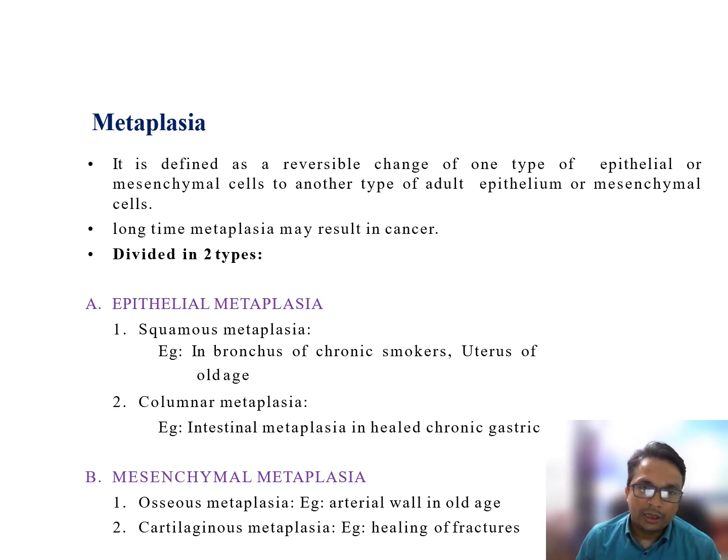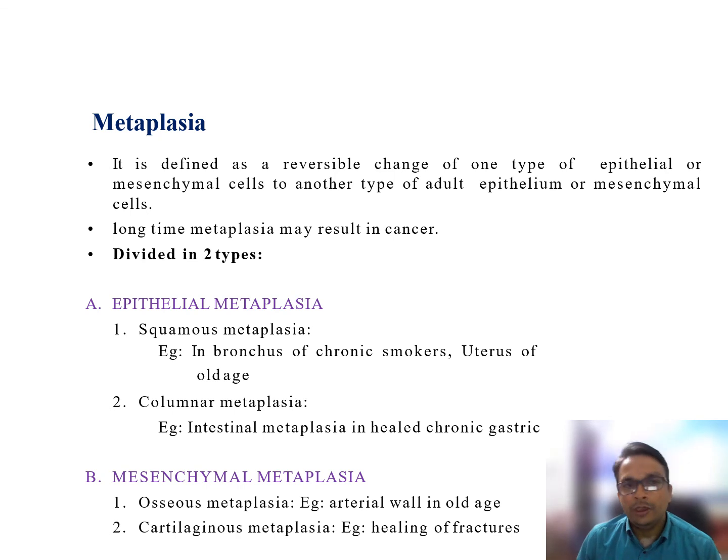Goblet cells are the cells responsible for the secretion of mucus, and that's why in chronic smokers the mucus secretion is severely higher as compared to normal people.